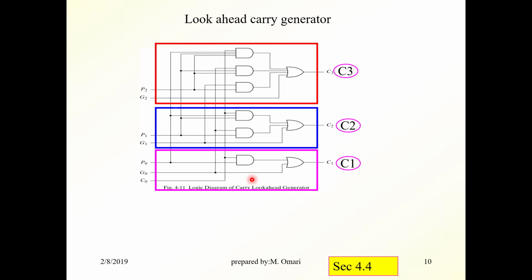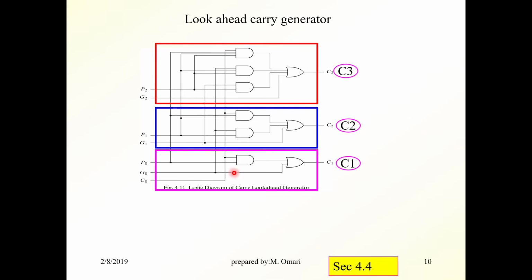Now I can construct a circuit that will give me the carry C1 in terms of C0, G0, P0, which are X and Y and C0 from the very beginning. I can construct a circuit to give me C2 and construct a circuit to give me C3. I again do not have to wait for the propagation. These circuits are called carry look-ahead generators.